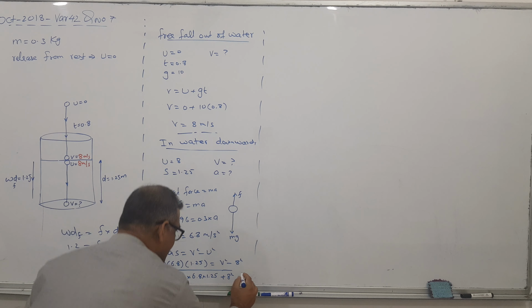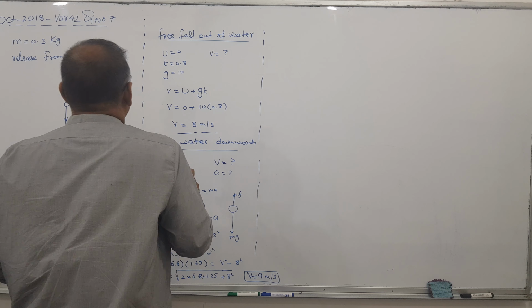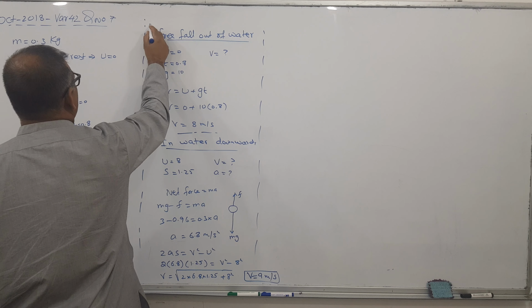That gives exactly 9. So 9 meters per second is our answer for this part. Part one is over.